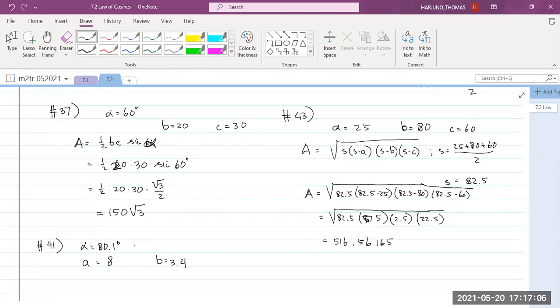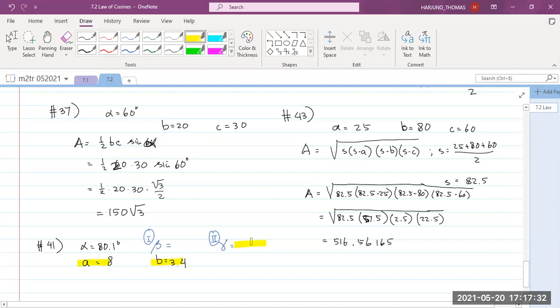Okay, now the idea: using the law of sines, we will be able to find angle beta. But even with angle beta, we cannot find the area yet. Once we get angle beta, then we can find angle gamma. Once you have angle gamma, then you have two sides and the included angle.